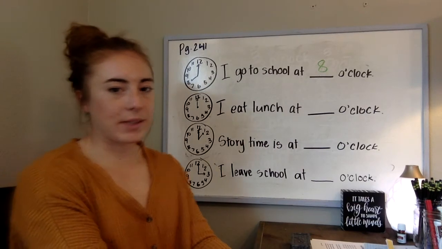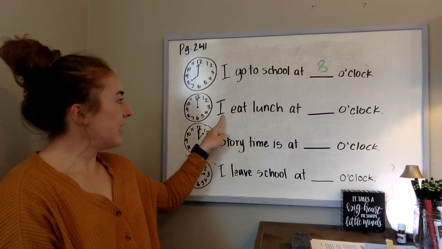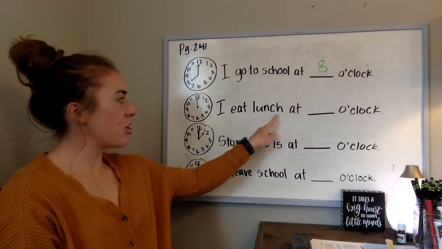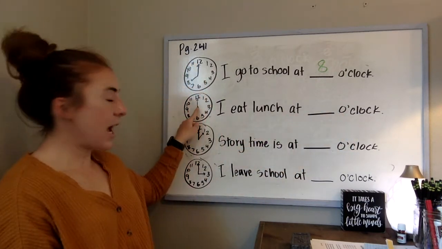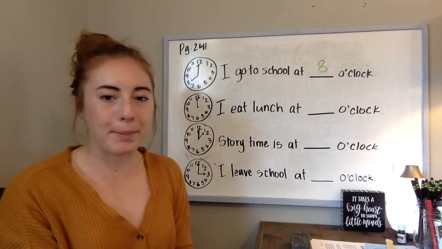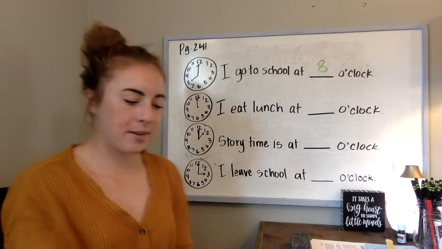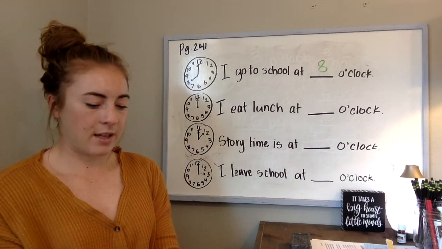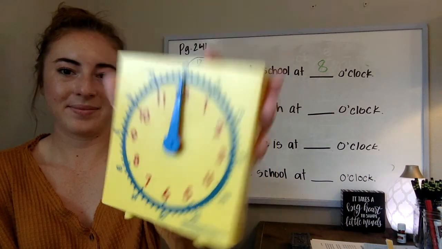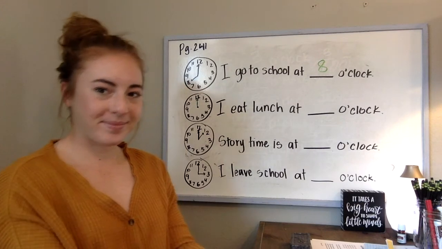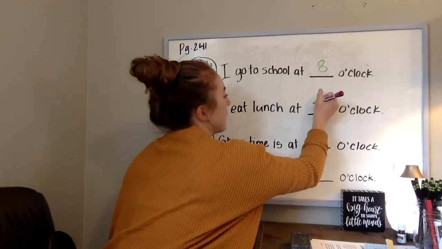Let's do the next one. It says, I eat lunch at ___ o'clock. What time does the clock say? Go ahead and look at your paper. Does it look like this? What time is that? 12 o'clock.